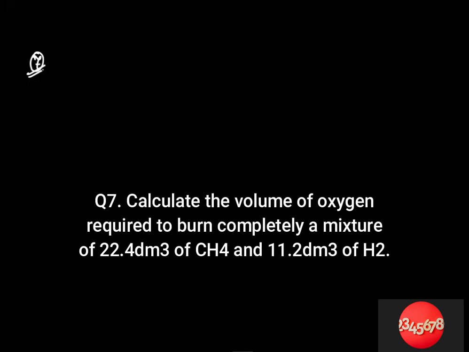Question number 7. Calculate the volume of oxygen required to burn completely 22.4 decimeter cube of methane, CH4. If I am burning methane, it means it will combine with oxygen to give CO2 plus H2O.